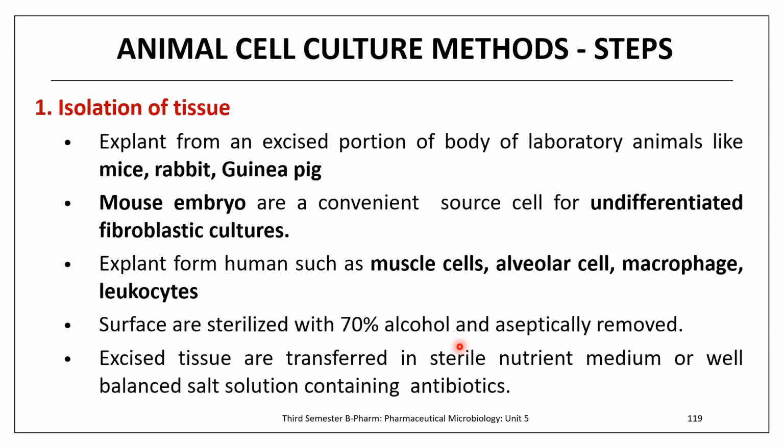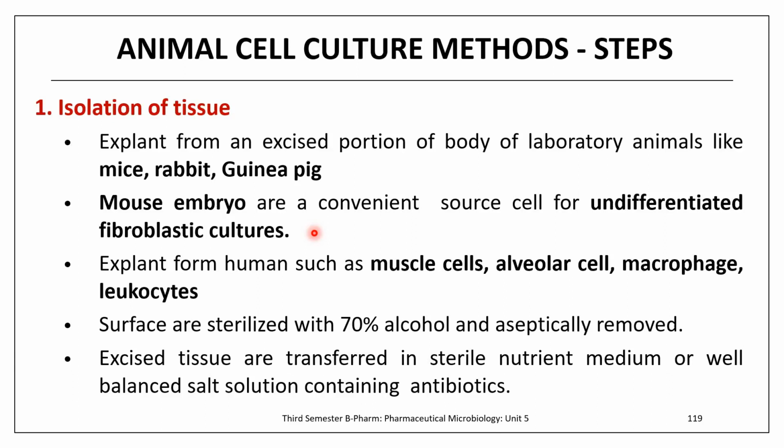So already we had mentioned we will use the cells of experimental animals like mice, rabbit, guinea pig, etc. And then we can use mouse embryo or other kinds of things for the animal cell culture. We can use some kind of mouse embryo for undifferentiated fibroblastic culture.